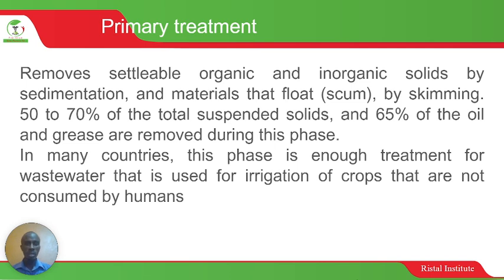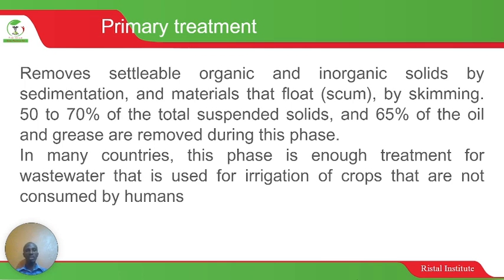So in primary treatment, you're looking at removing these organic solids through sedimentation. If you let those solids settle at the bottom of the sedimentation tank that you could be using in wastewater treatment, then there will always be water on top, and suspended material that can be floating, and these can be removed by skimming.